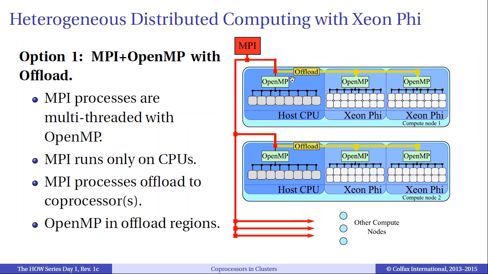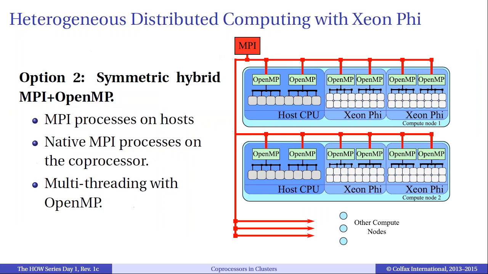In this case, you have to modify your code, but you have fewer MPI processes. Another option for clustering is you can put MPI processes directly on Xeon Phi coprocessors. In this case, you don't have to modify the code, well, unless you have to implement load balancing between CPU and Xeon Phi. But just to run, you don't have to modify the code, and it will scale across the cluster.